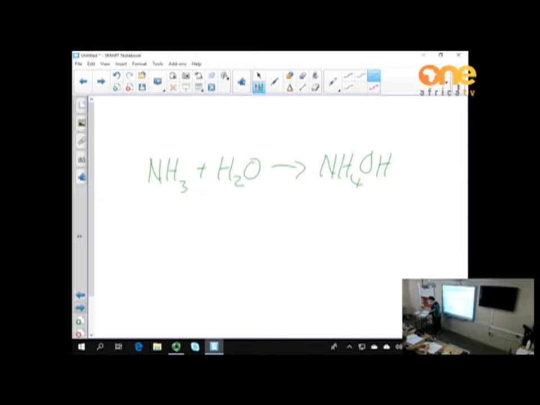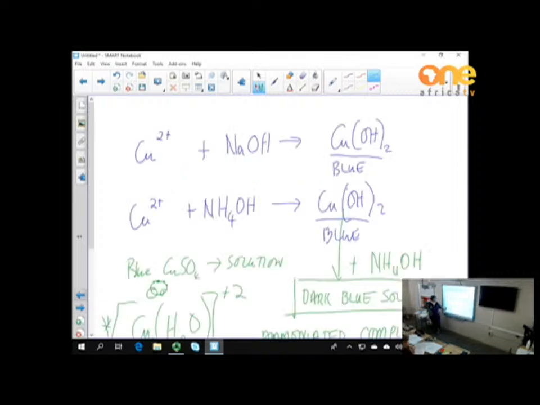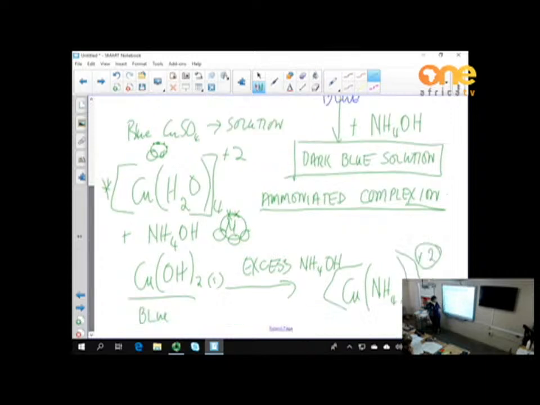So when the ammonium hydroxide is added, the first reaction that occurs is the formation of insoluble copper hydroxide. That was this one over there. And then when excess is added, just this second paragraph: when more ammonium solution is added, a new complex ion forms in which the water molecules are replaced by the ammonia molecules.